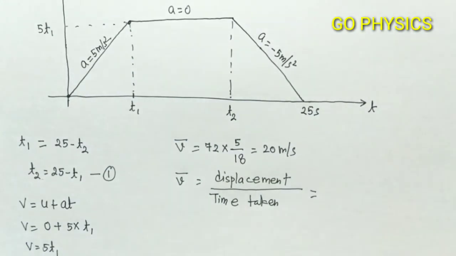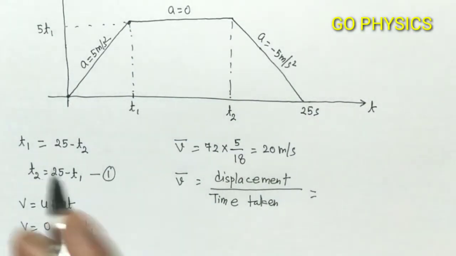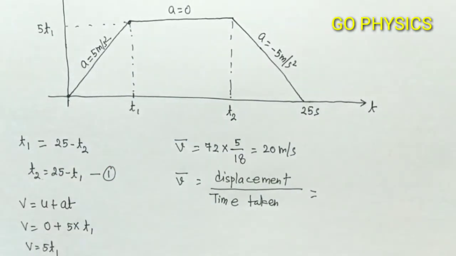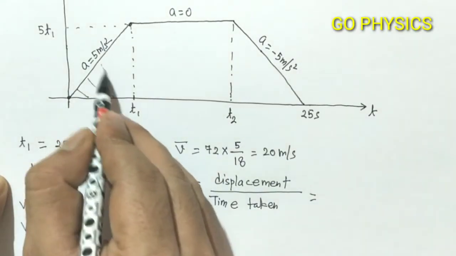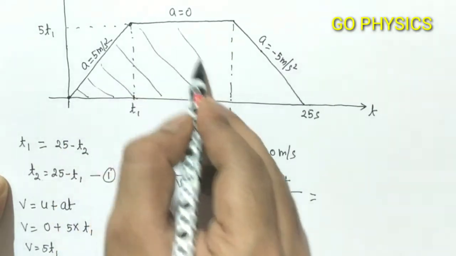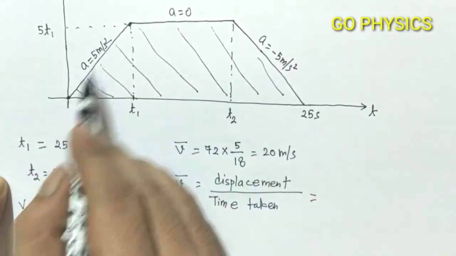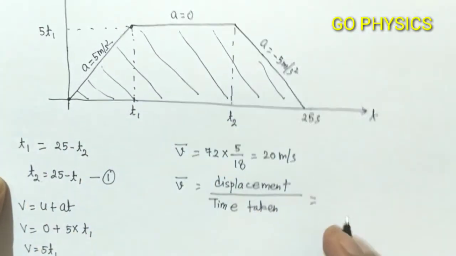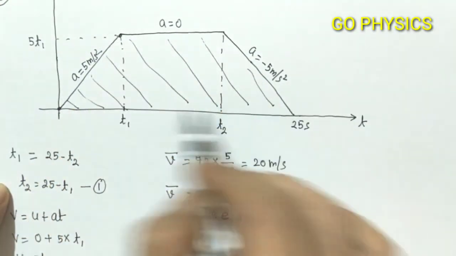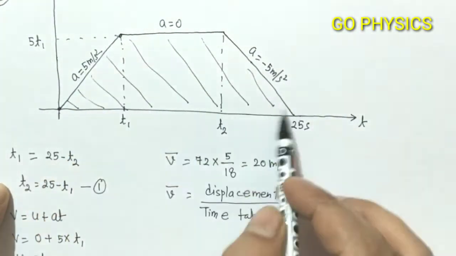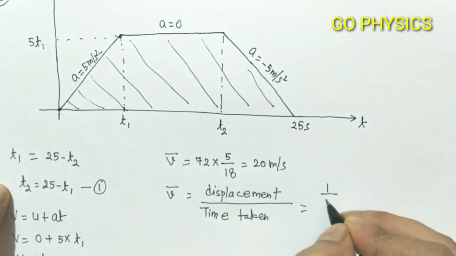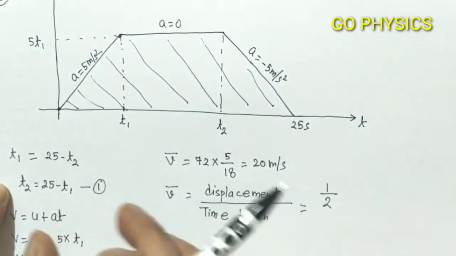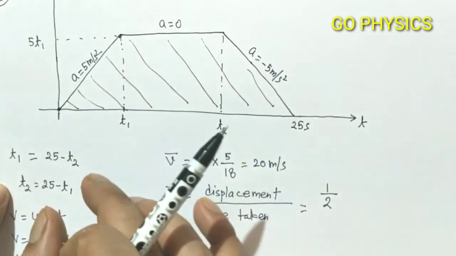How do we calculate displacement from the velocity time graph? The area under the velocity time graph gives us displacement. So this area will give us the displacement of the particle. And since it is a trapezium, we can say that the area is equal to half into the sum of the lengths of the parallel sides.